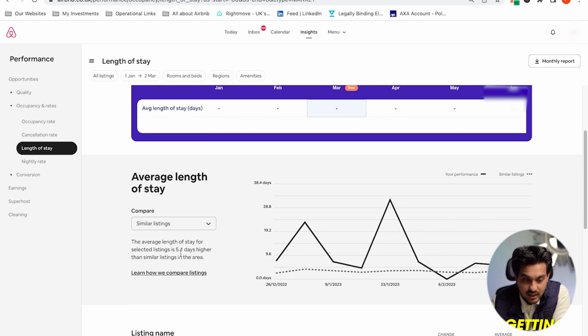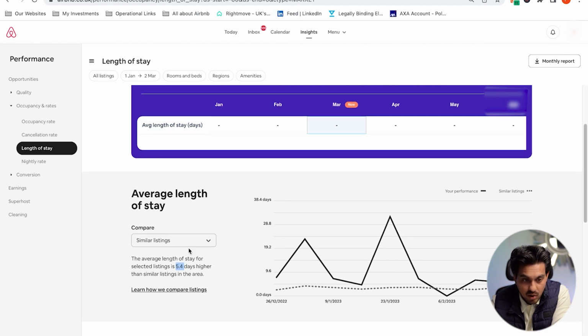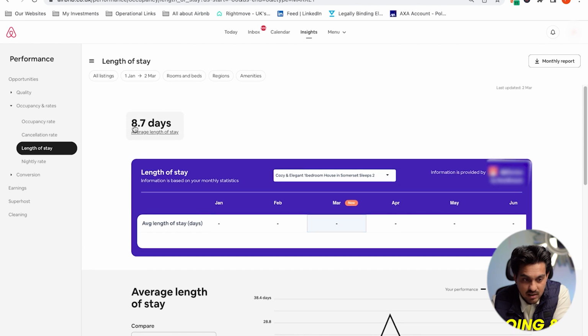Their competitors are getting 5.4 days lower. So 8.7 minus 5.4, their competition's average stay is 3.3.